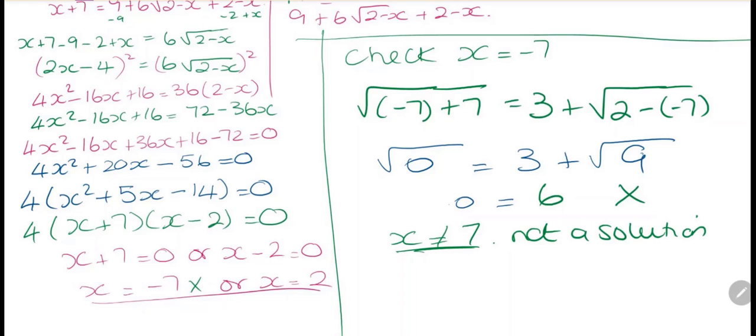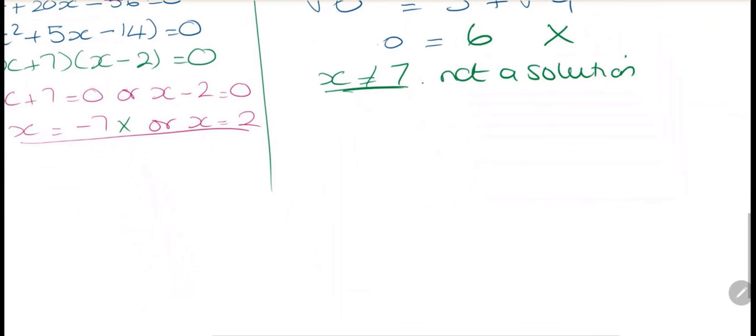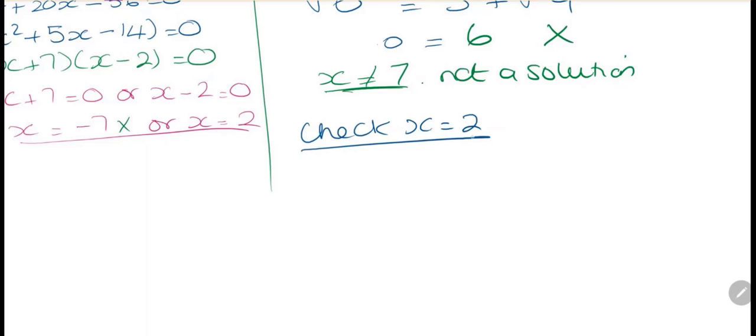So now we need to check the other value. So we have x is 2. Let's check if x is equal to 2. If I put this into the original equation, I will have the root of 2 plus 7 equals 3 plus the root of 2 minus 2.